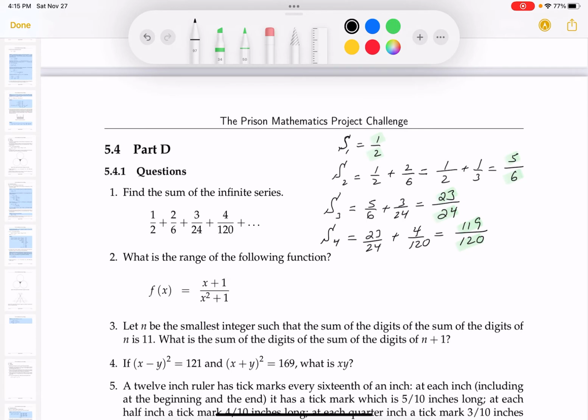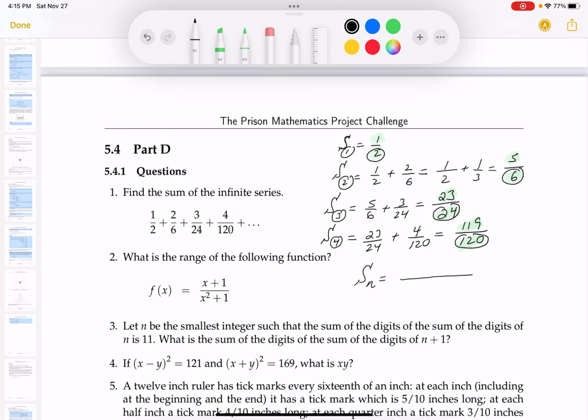So I'm going to write down that Sn, the nth partial sum, is going to be, well, let's take a look. Remember what I said. This is 4, and this was 5 factorial. This was 3, that's 4 factorial. 2, 3 factorial. 1, 2 factorial.